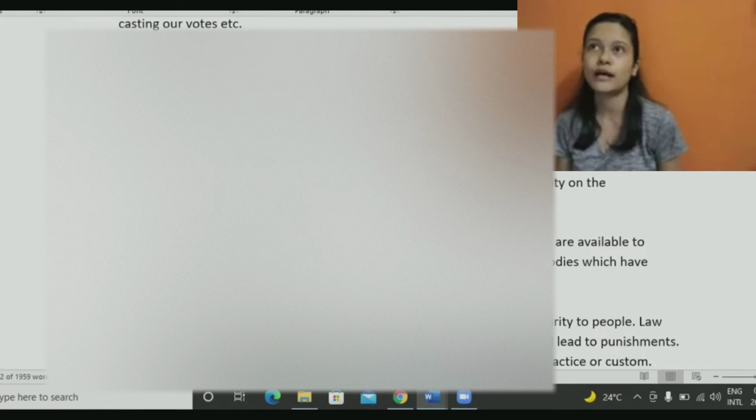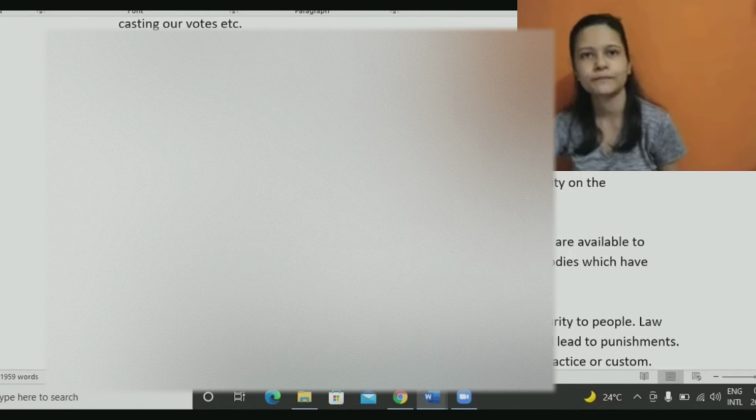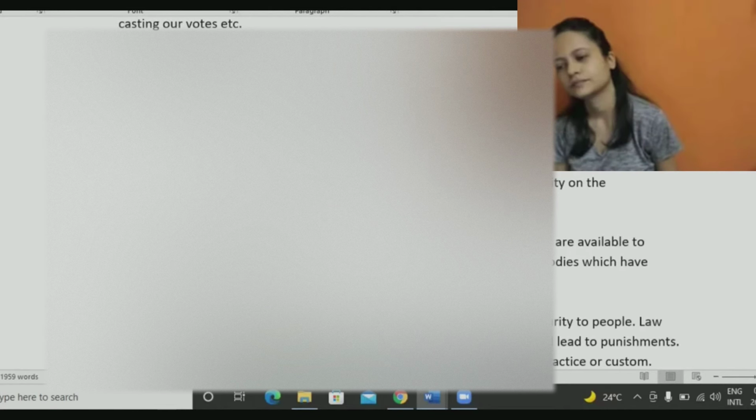That is also one of the reasons why, for certain crimes, like, do you know that attempt to suicide is also a crime in India? Yes, sure. So what is the punishment for that? I don't know the punishment.